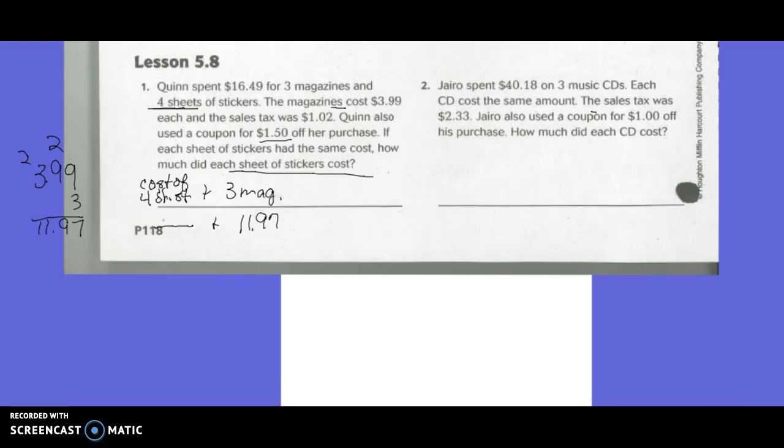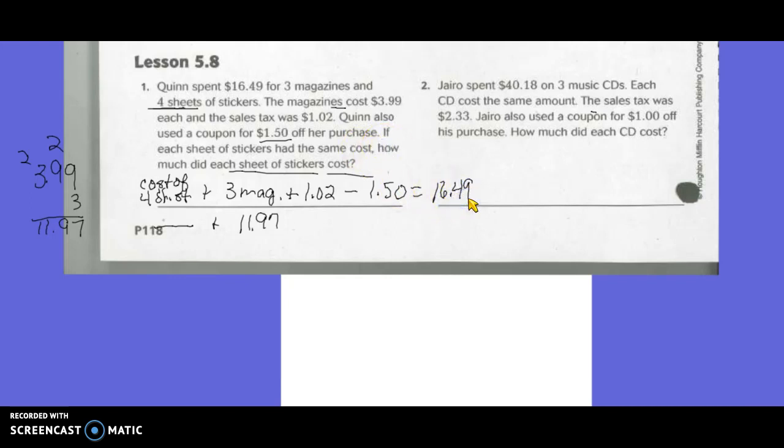Okay, and then we also have to add back our sales tax, which is $1.02, and we have to subtract our coupon of $1.50, and that should all equal $16.49.